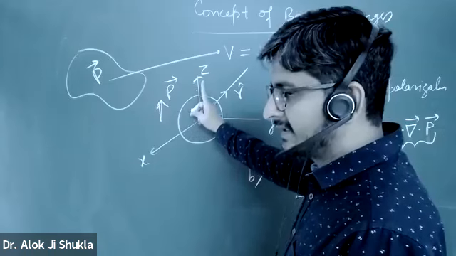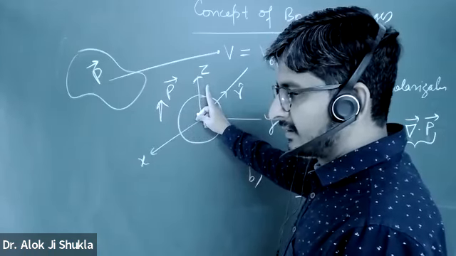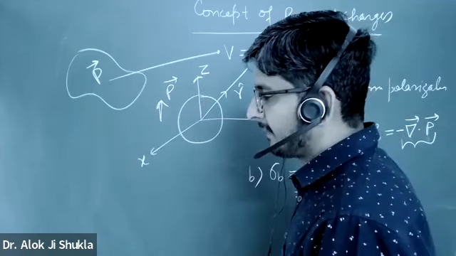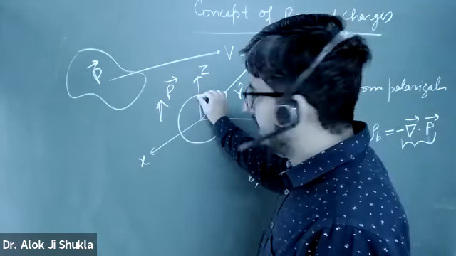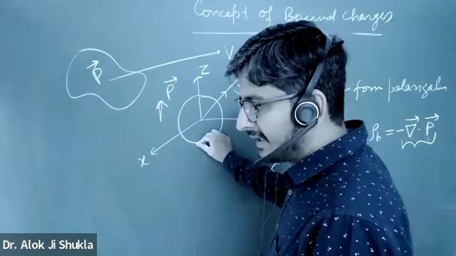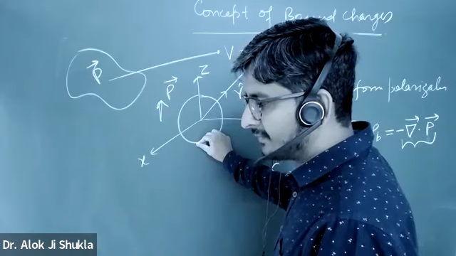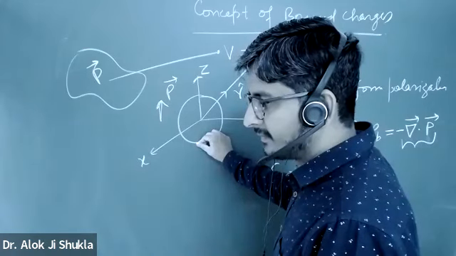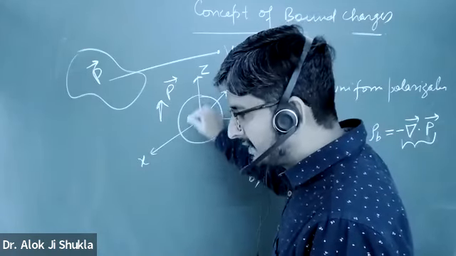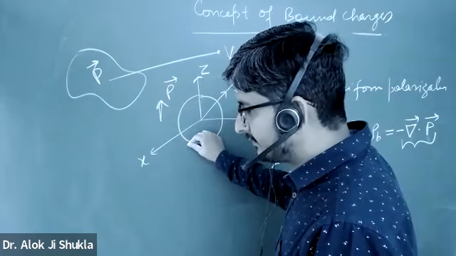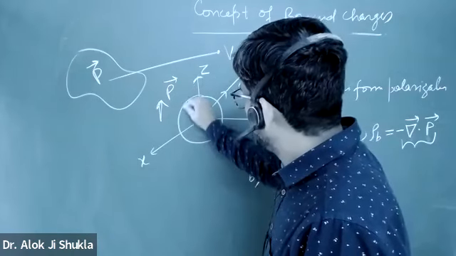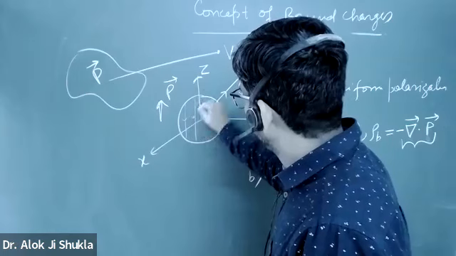Dipole moment इस direction में है. So that means what will happen? Positive charge you can think about here, negative you can think about here, right? Yes or no? Yes, sir. So field inside will be in the lower direction. Field will be like this inside.